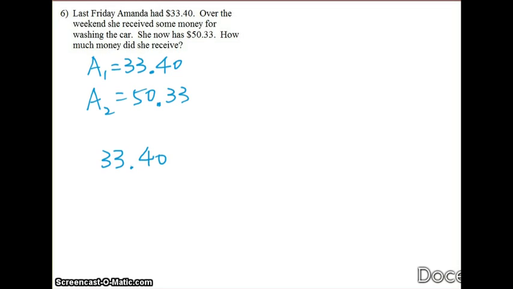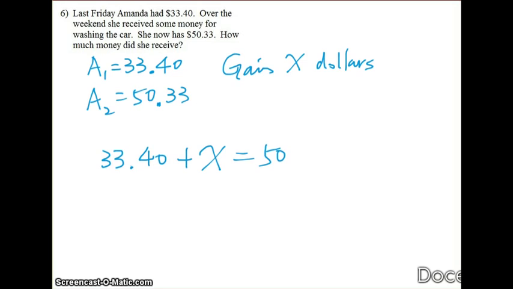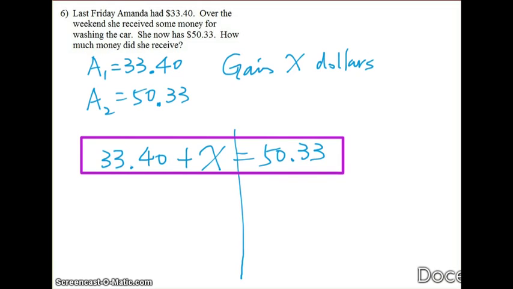So she gained x dollars. I don't know how much she got, so it's going to be plus x equal to, at the end, 50.33. Again, the question itself is extremely easy, nothing really difficult, but now we just need to figure out how to set up an equation like this. The fact that you can set up an equation like this is more important than anything to me.